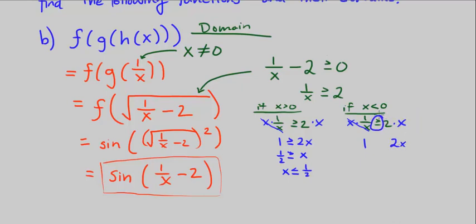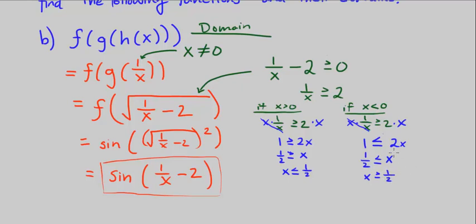But since we multiplied the inequality by a negative, we have to go ahead and swap the direction. So this is why we're going to consider both cases. Now we divide both sides by 2. We get 1/2 is less than or equal to x, right? And rewriting that the other way, we're going to have x is greater than or equal to 1/2.